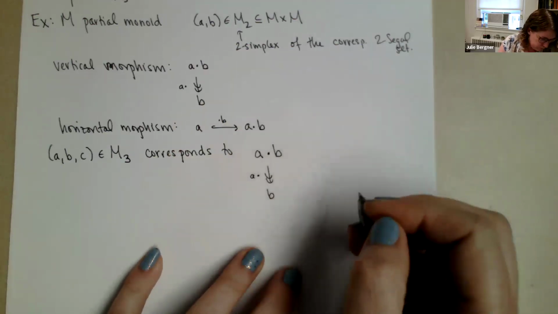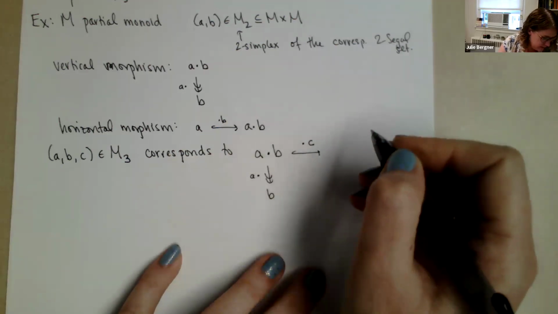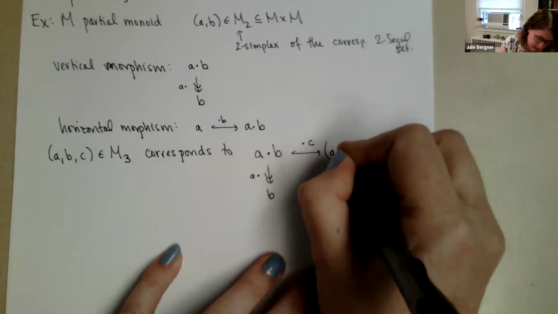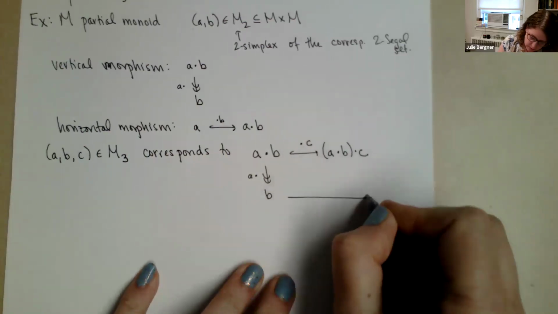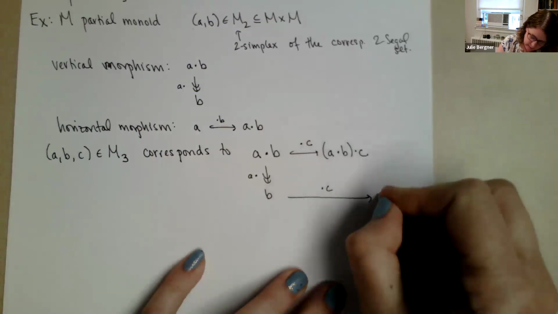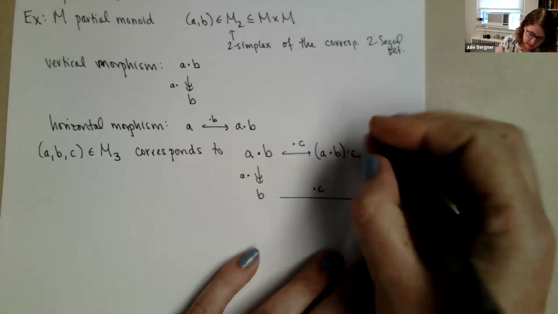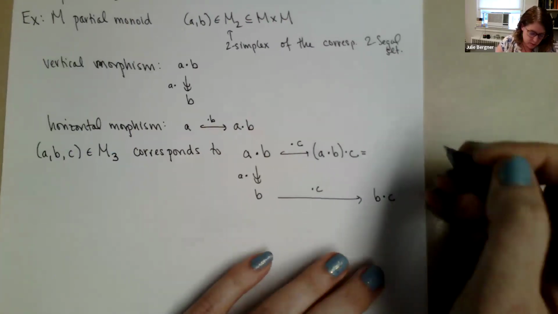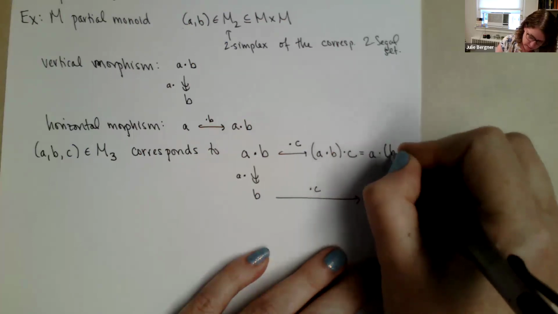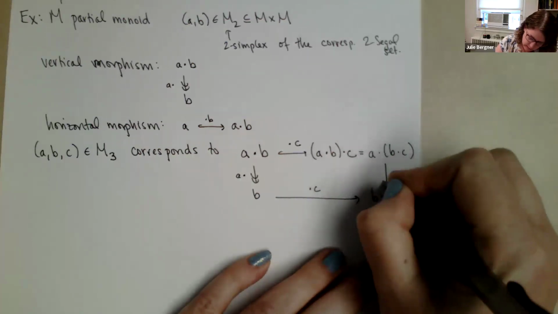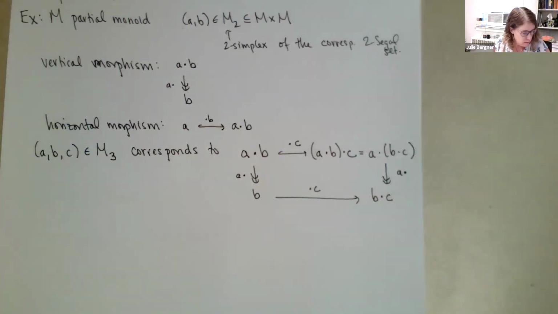And then I can think of this two ways. I have a dot C, corresponding to the bracketing A dot B dot C. Here I have a dot C, which would go to B dot C. And if I have this associativity, this should be the same as A dot B dot C, and then this should be this vertical morphism, A dot.